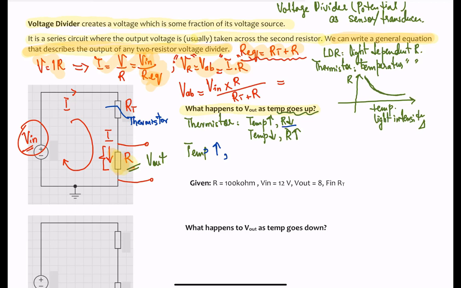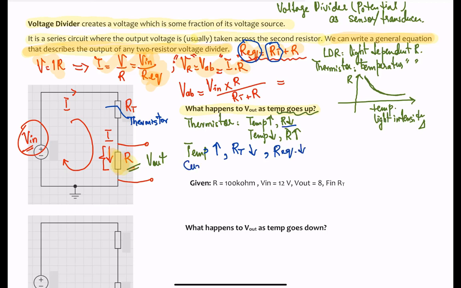When the temperature goes up, the resistance of the thermistor goes down, which means if this number is smaller, then the total is also going to be smaller. So the equivalent resistance also goes down, correct?